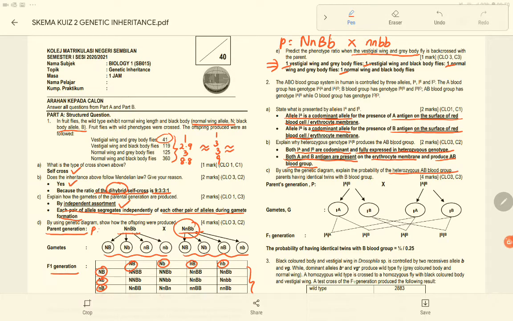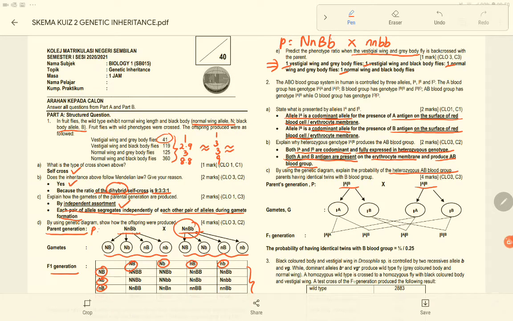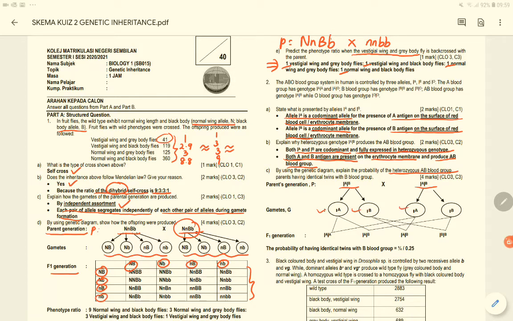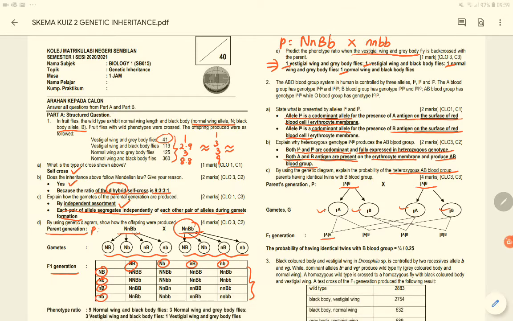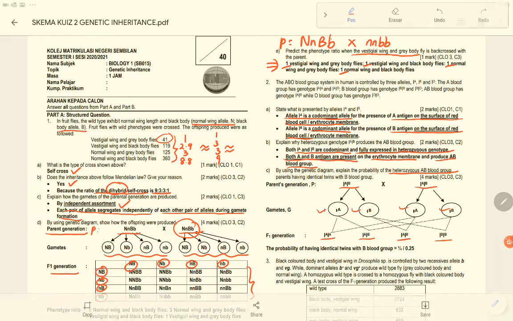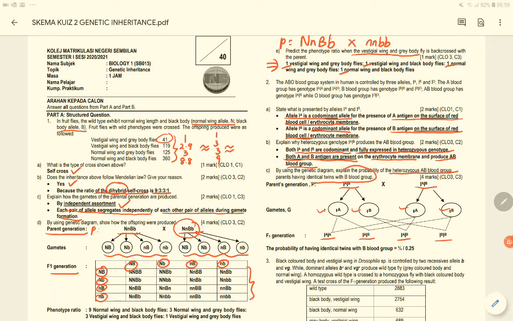I don't know why most of you wrote AB crossed with blood group B. So now this IA IB crosses with IA IB for the parents. The gametes are IA, IB, IA, IB. So the F1 generation is IA IA, IA IB, IA IB, IB IB. So the parents have identical twins with B blood group.